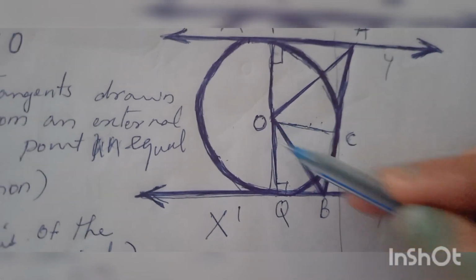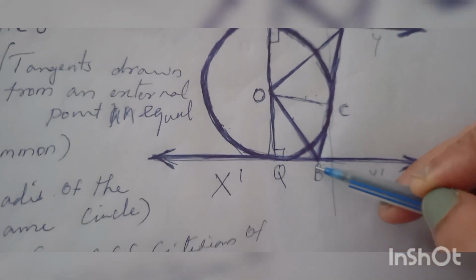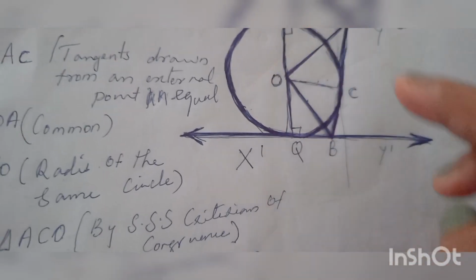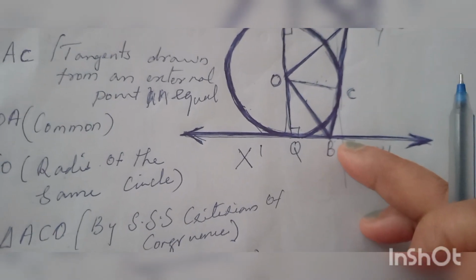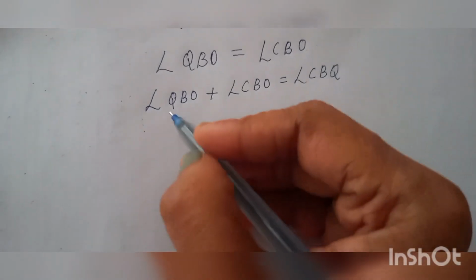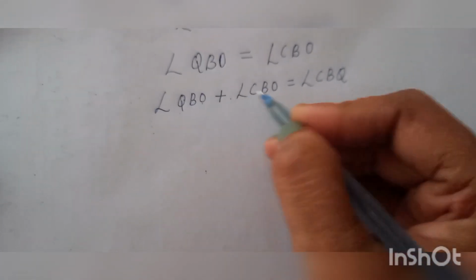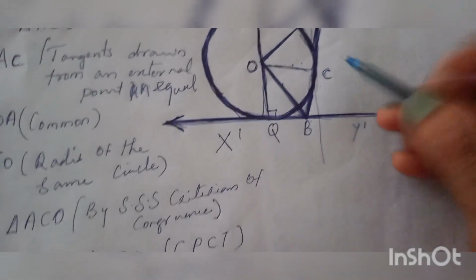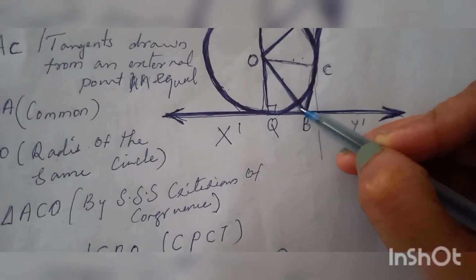These two triangles are congruent, we have to show. Then angle QBO is equal to CBO. Angle QBO plus angle CBO is equal to CBQ.